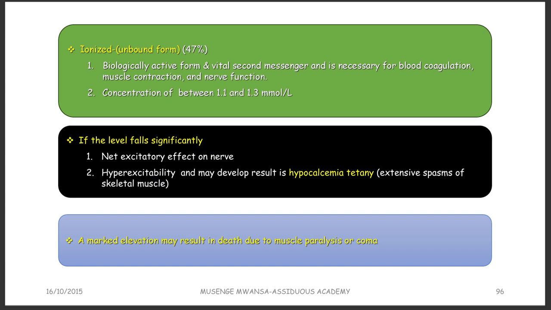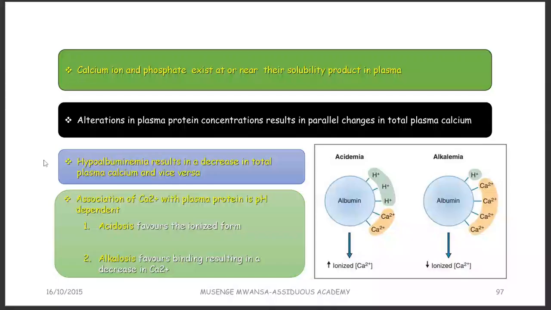That tells you that hypocalcemia excites the nerves, and hyperexcitability may develop and result in hypocalcemic tetany, which is extensive spasms of skeletal muscle. The skeletal muscles are now contracting too much. A marked elevation may result in death because there is going to be muscle paralysis if there is hypercalcemia.